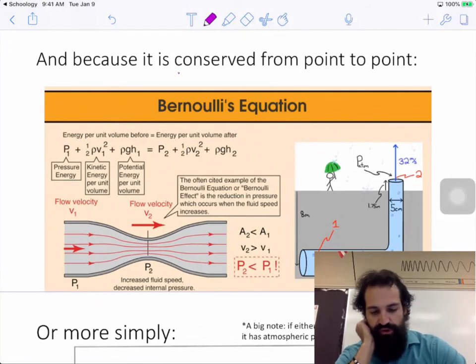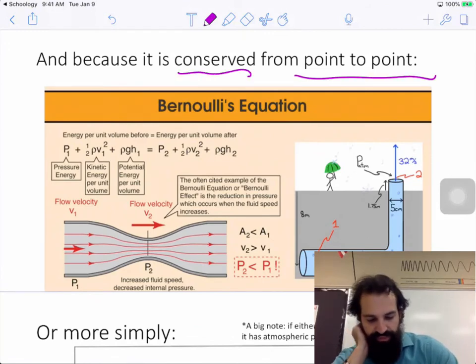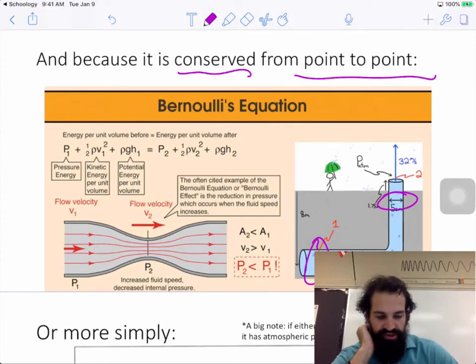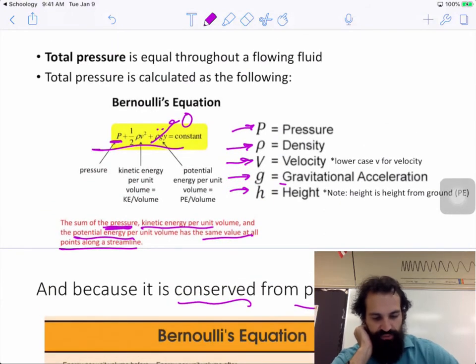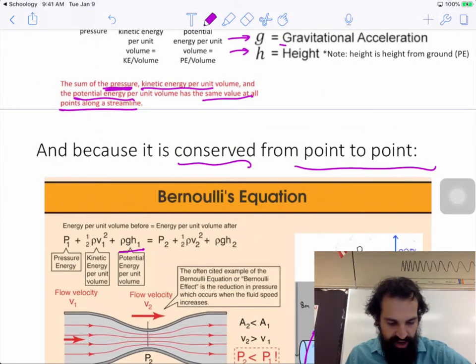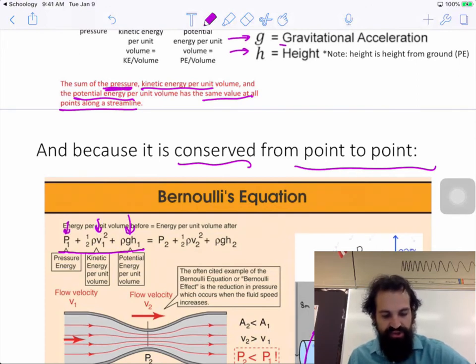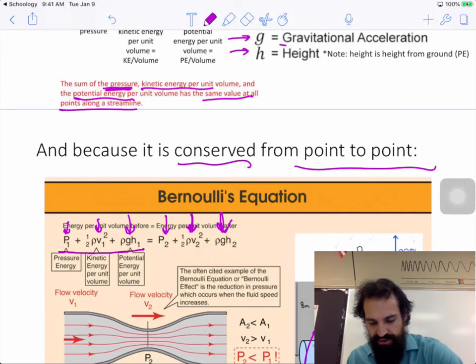Now, it's conserved from point to point, meaning the total pressure here is going to have to equal the total pressure here. And this equation is the total pressure. So the total pressure, initial pressure plus kinetic pressure plus potential pressure, is going to equal initial pressure plus kinetic pressure plus potential pressure at point 2.